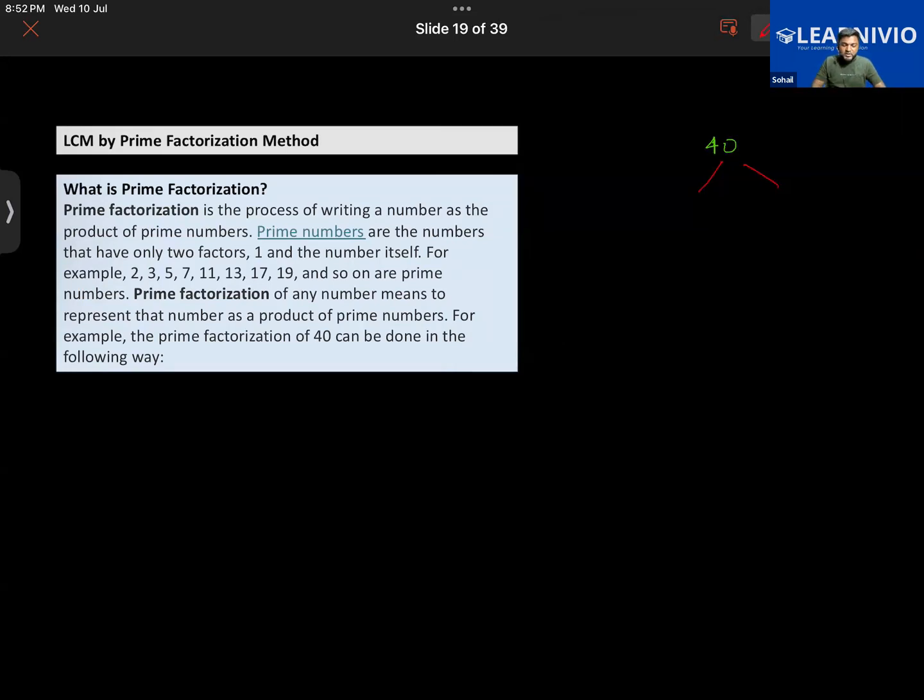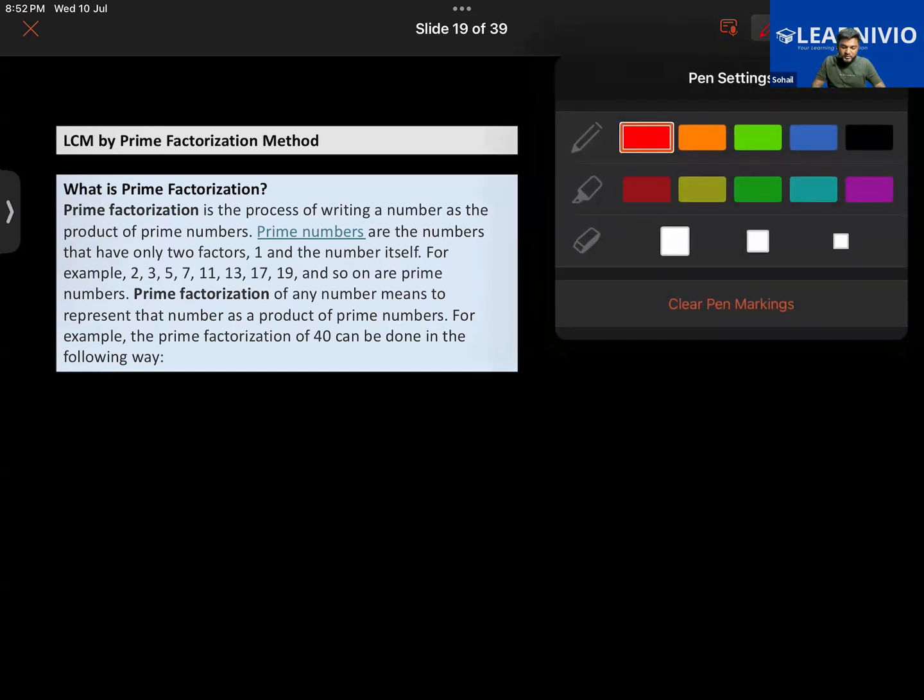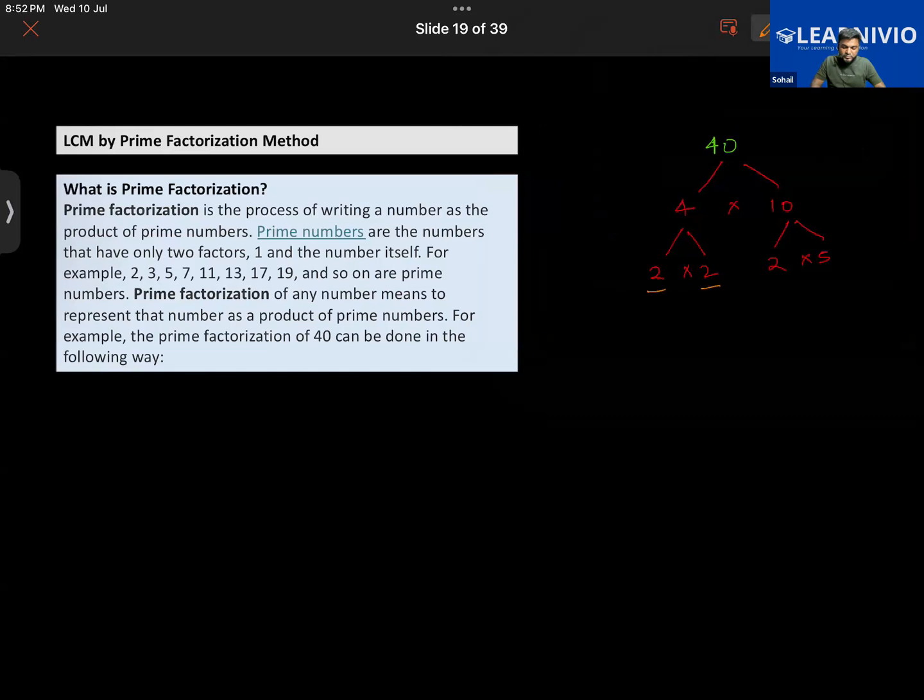Let us understand. 40 can be written as 4 times 10, as we saw moments ago. 4 can be further broken into 2 times 2, isn't it? Yes. And 10 can be written as 2 times 5. Now we are getting the numbers 2, 2, 2, and 5. Aren't these prime numbers? These are prime numbers now.